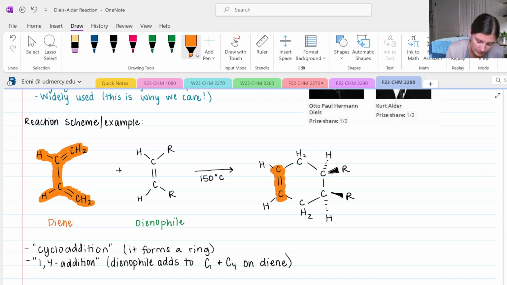So these are carbons 2 and 3. Here's carbon 4 with its 2 hydrogens. Here's carbon 1 with its 2 hydrogens. And then the hydrogens on carbons 2 and 3. So we can say this is C1, 2, 3, and 4. This is C1, 2, 3, and 4 on the diene.